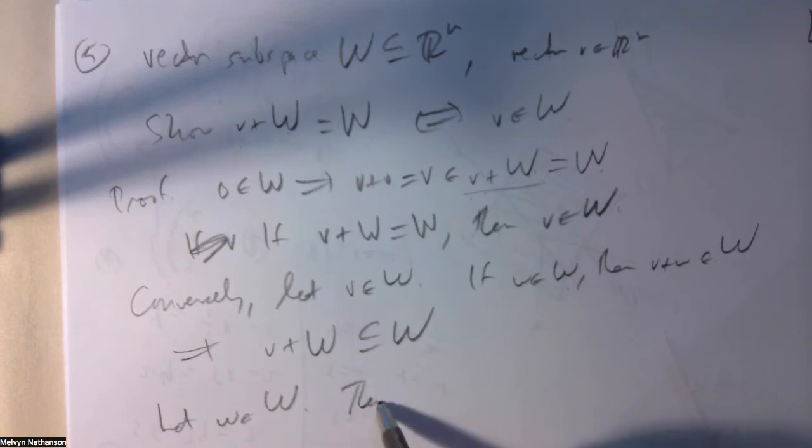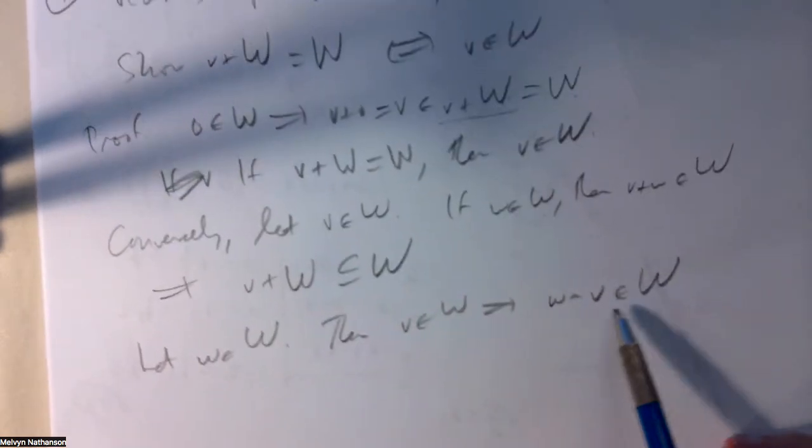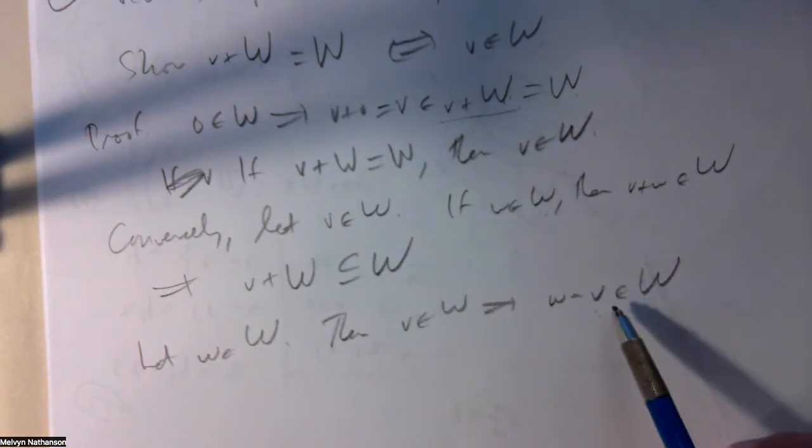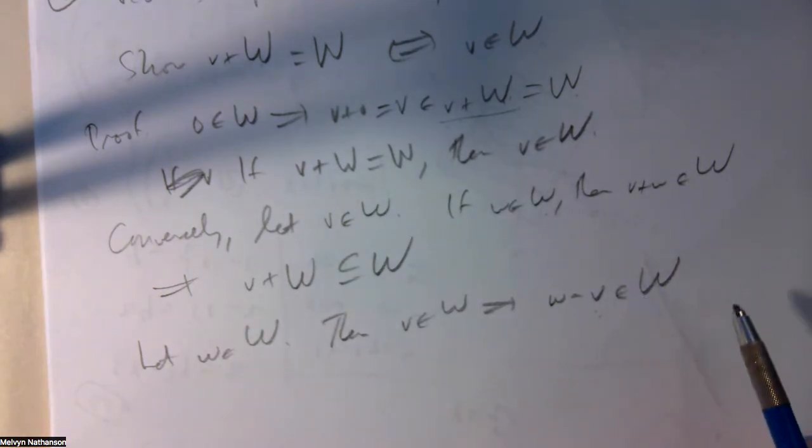On the other hand, let V be in W. Then if you take any vector w in the subspace W, w minus V is in W, because again, a subspace is closed under vector addition and scalar multiplication, which means it's closed under subtraction.